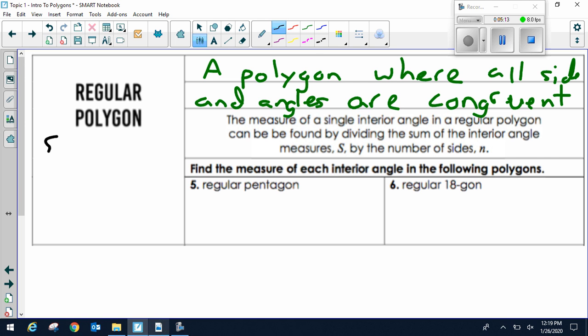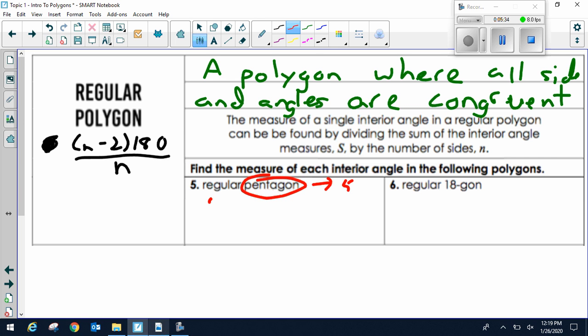Okay, so S, that would be my n minus 2 formula times 180. If we take that formula and divide it by the number of sides, we can figure out what each individual angle is. So let's take a look. A pentagon first. You've got to know the number of sides. That's 5. So it would be 5 minus 2 times 180 divided by 5.